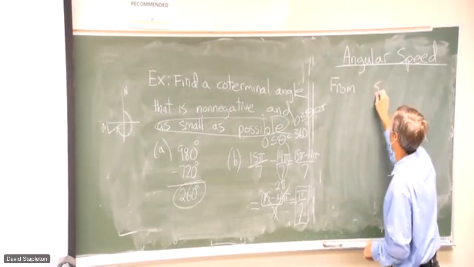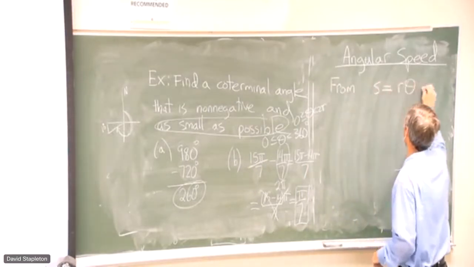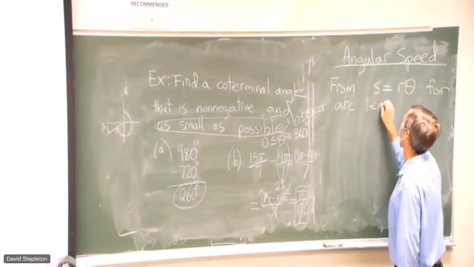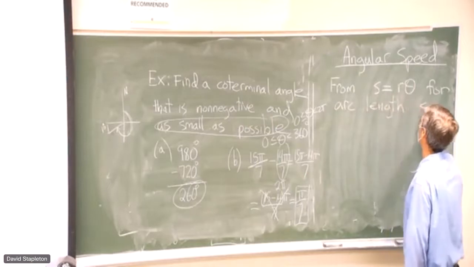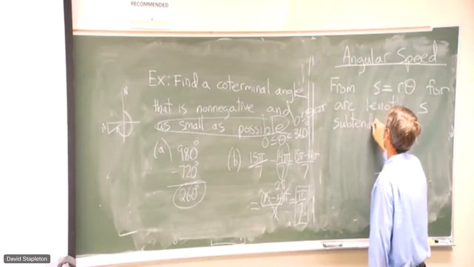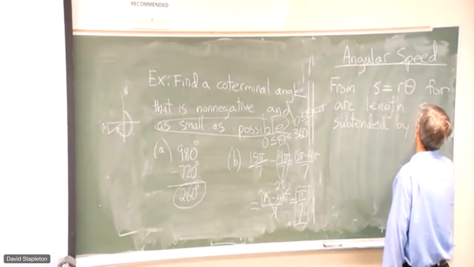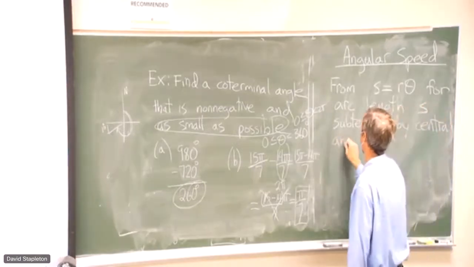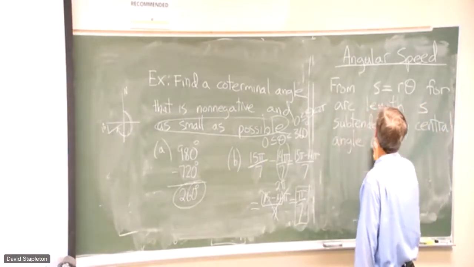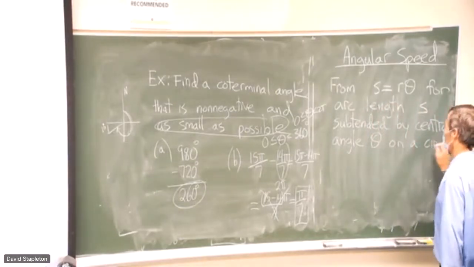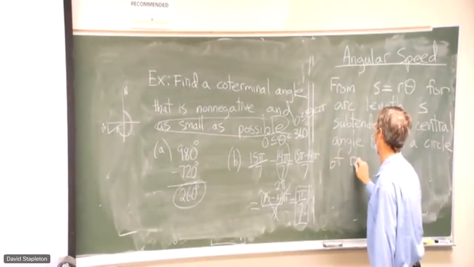And we'll say this. It can be from our equation s equals r theta for arc length s subtended by a central angle theta on a circle of radius r.